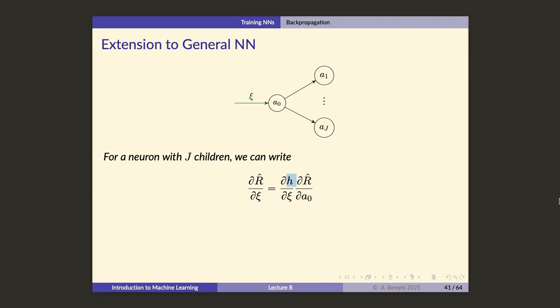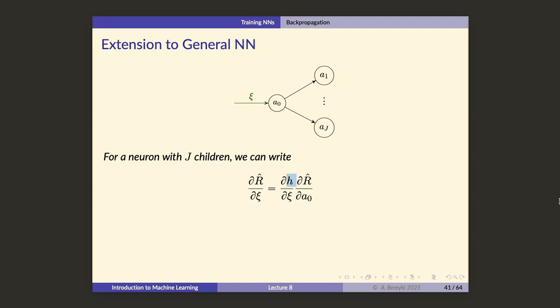What is the first guy function of a0? a1, right? So I'm going to write it down as the derivative of the loss with respect to a1, right? Times, what should be the next? Derivative of a1 with respect to a0.